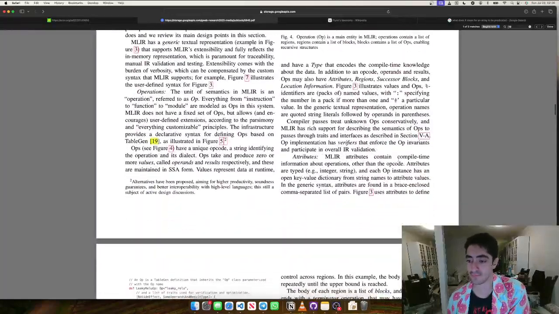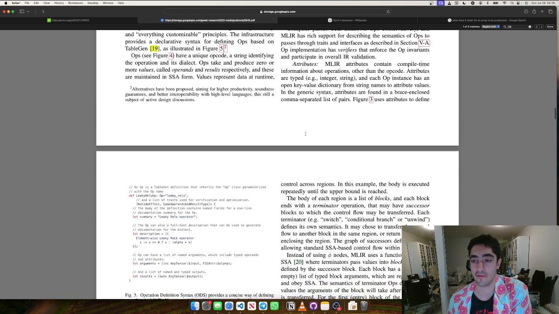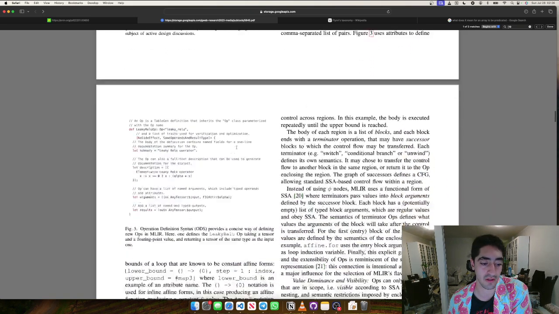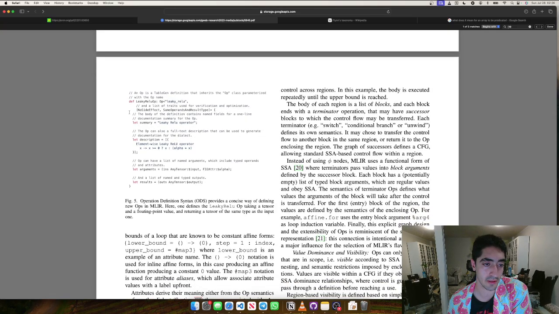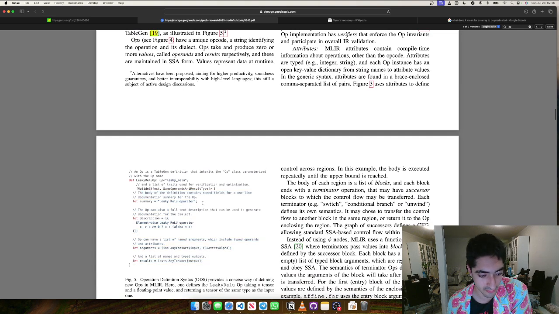Alright, the generic syntax. Attributes are found in a brace enclosed comma separated list of pairs. Figure 3 uses attributes to define. Okay, so leaky ReLU operation. So some TensorFlow stuff. If they were using it at Google, I guess. I don't remember. Some language.